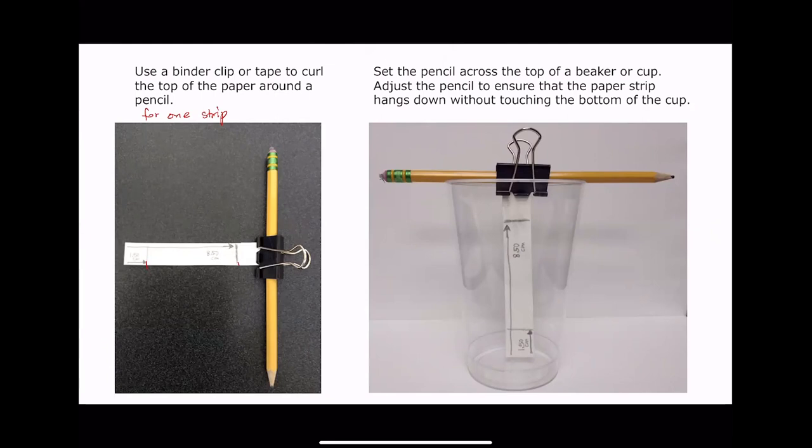You want to take the top part, that's the majority of the strip, and wrap it around a pencil, and then either affix it using tape or a binder clip. So you can use tape if you don't have a binder clip. You can use tape or the binder clip, okay?